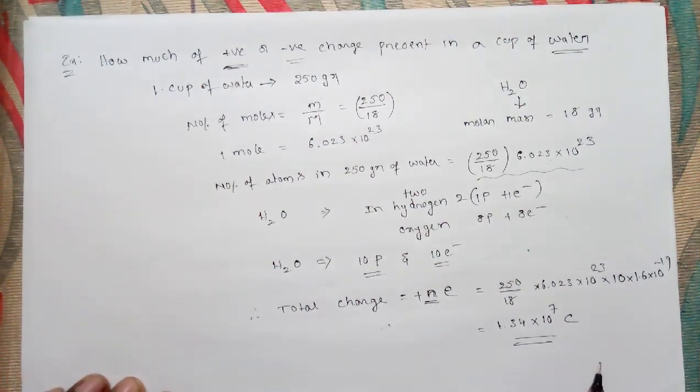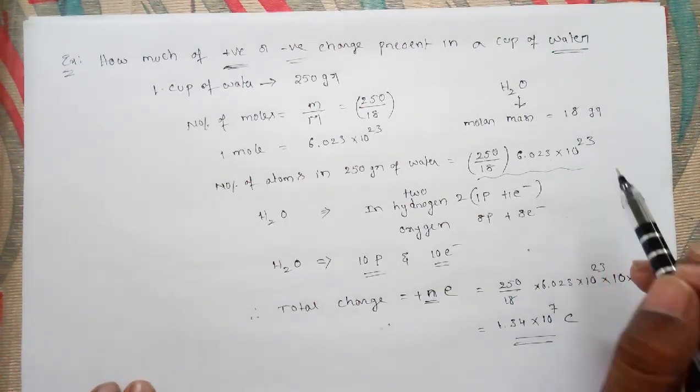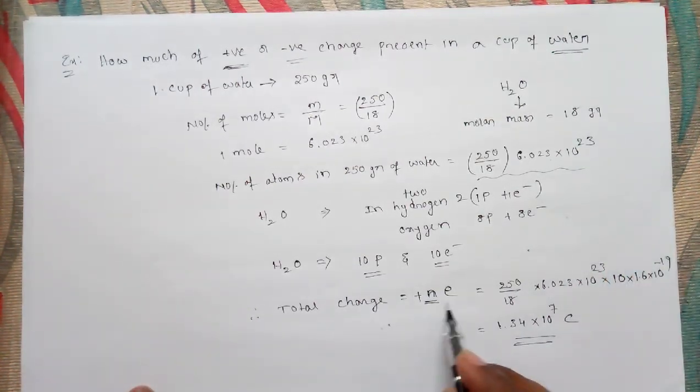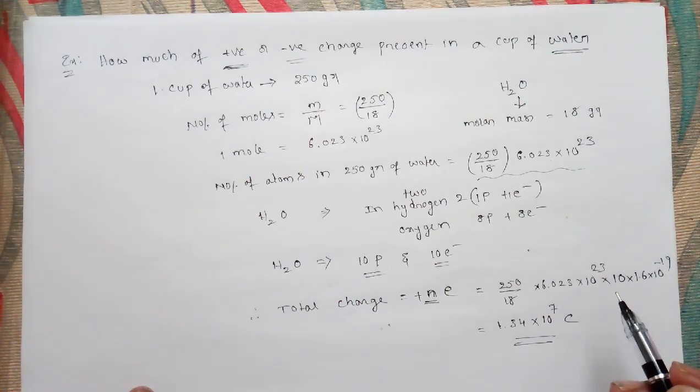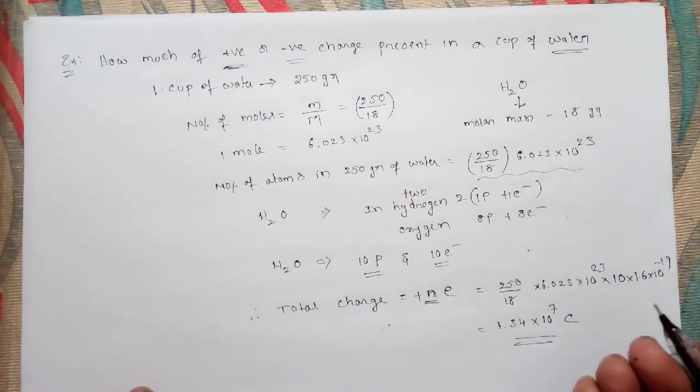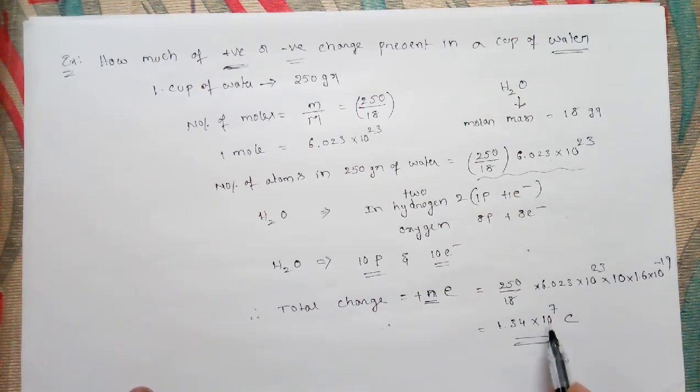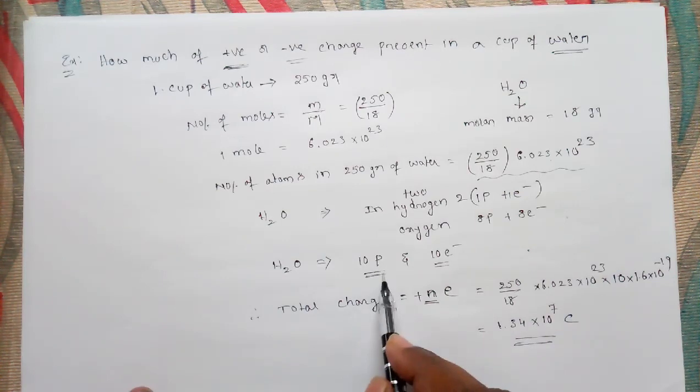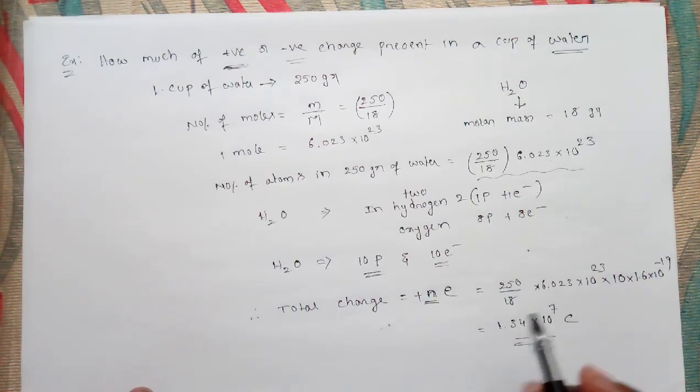So like this, according to quantization of charge, we use this simple principle. In any given substance, the number of atoms present is multiplied by how much positive or negative charge each atom consists of. This much positive as well as negative charge will be present, because in a neutral body the same amount of negative charge is there as positive charge. Here there are 10 protons as well as 10 electrons.